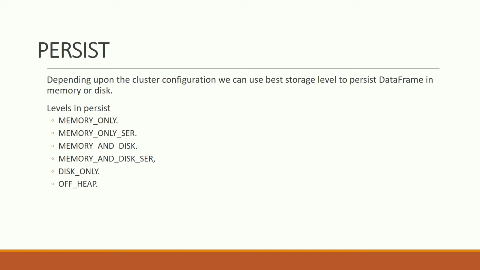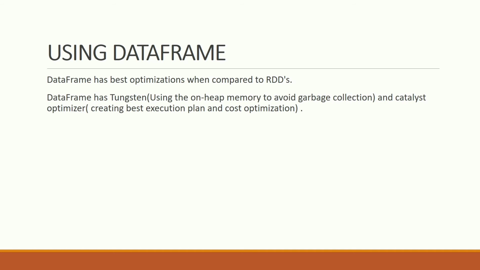So we can select the best one which is suitable for us. For example, if your cluster is very small and you don't have much RAM, and you have huge transformations, then you can go with memory and disk to persist your data frames instead of just using memory only.